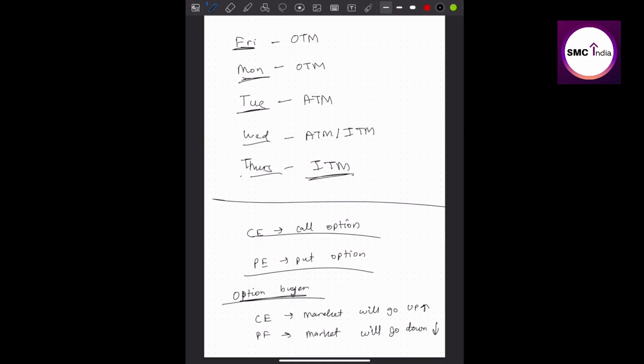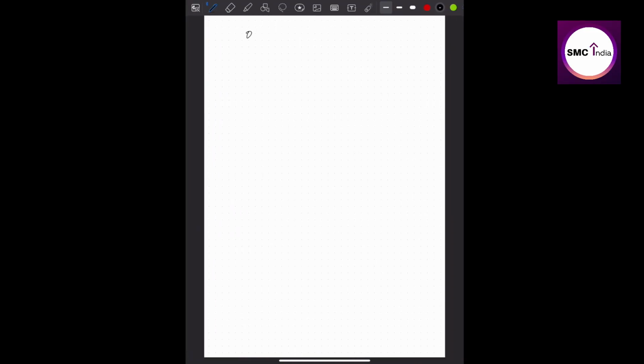But on the other hand, an option seller means you are creating the option. You are writing the option, option seller or option writer. Trader B is writing or selling the option. Then only I can buy, right? It will not be created out of thin air, correct? Someone has to write the option, and writing the option is called option selling.